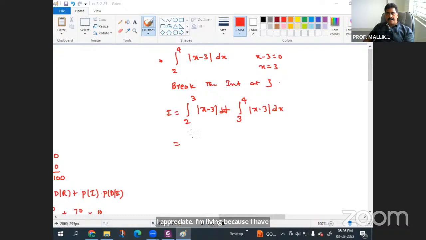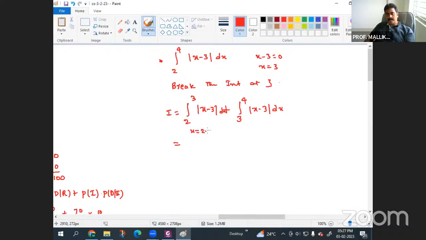Yes. Now, 2 to 3, mod of x minus 3. So, minus. For any value between 2 and 3 we will get negative. Say put x equal to 2.5, you substitute.